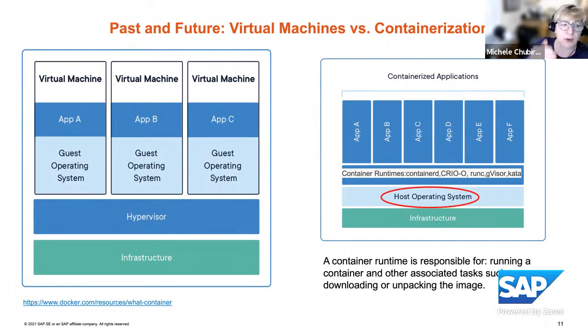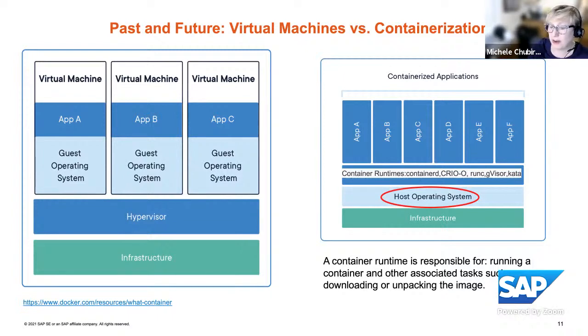You have your virtual machines with their guest operating systems, and then on the right, you have containerized applications. I think the key thing to remember here, if you look at the left and you look at the right, is that the guests in a virtual machine have their own operating system. On the right, it's a shared operating system and kernel. This is really important to remember.